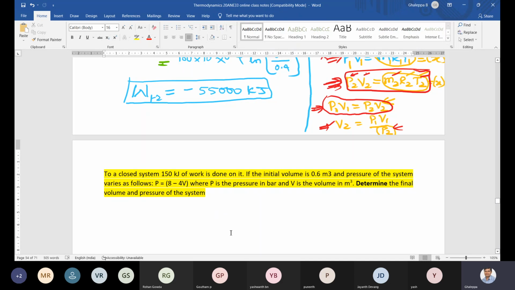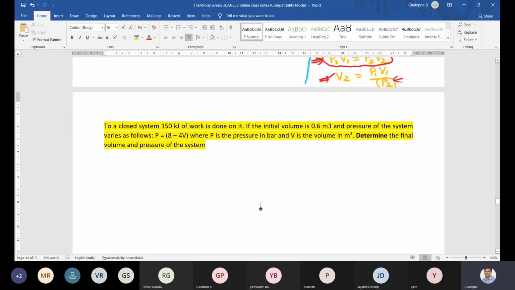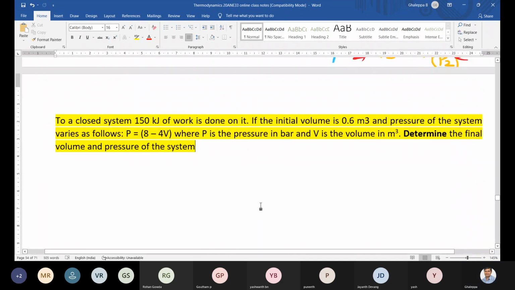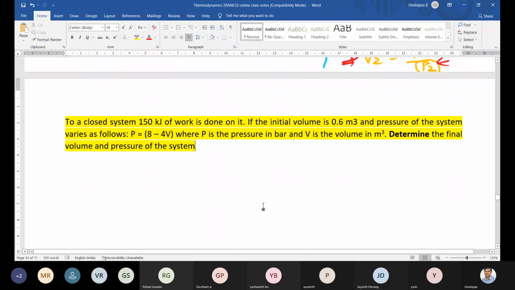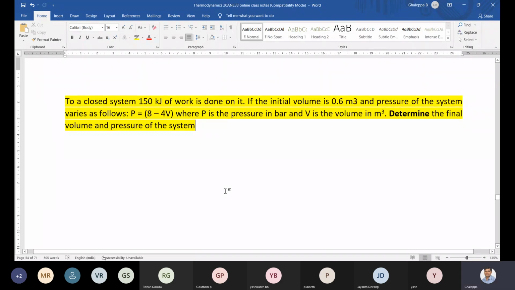Use this equation now. Read the statement. To a closed system, 150 kilojoule of work is done on it. On it means what? Let us assume this is a system. System is nothing but any device.